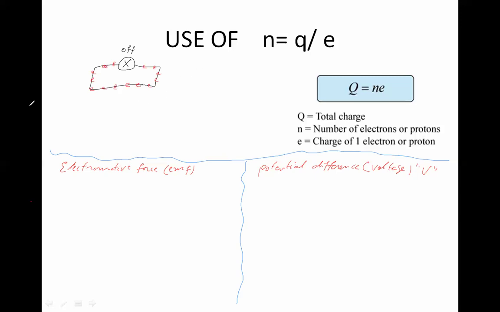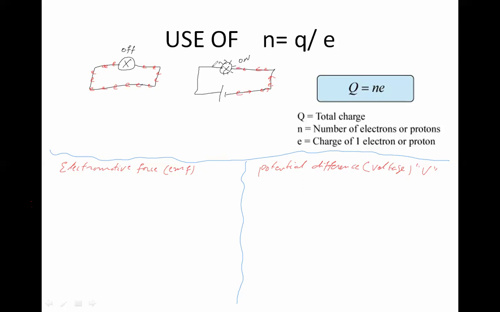Now look at this one. This is a bulb, and here is a battery, and now it is giving light. It is on. Same question: why is it on now? Because the electrons are moving through the circuit. Why are they moving? What is the function of the battery here?